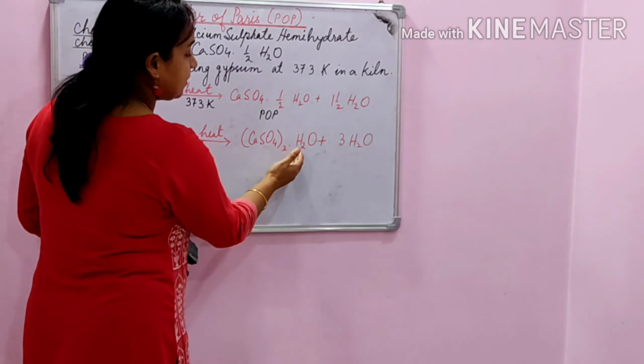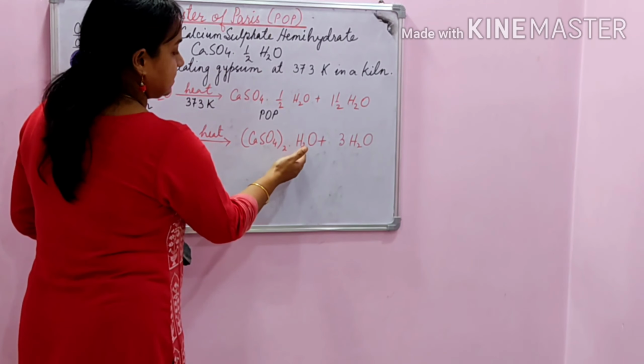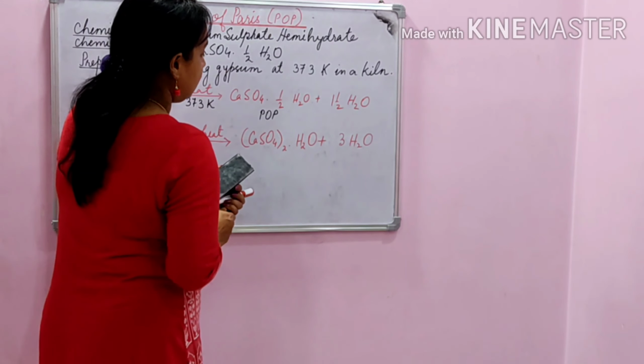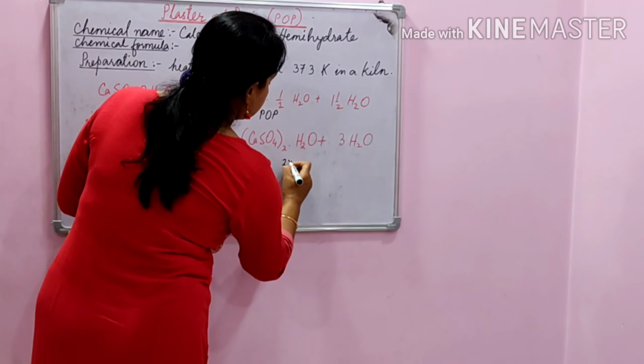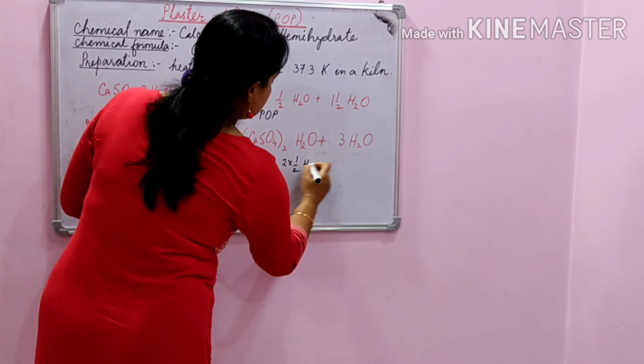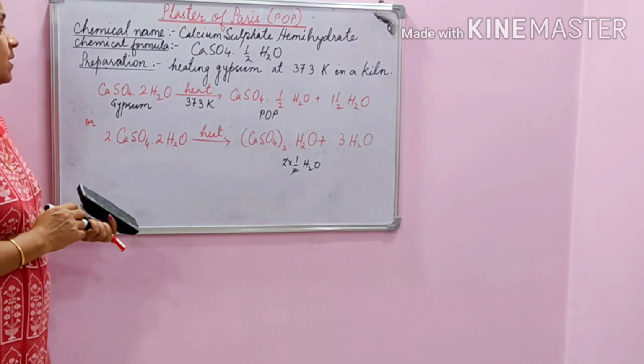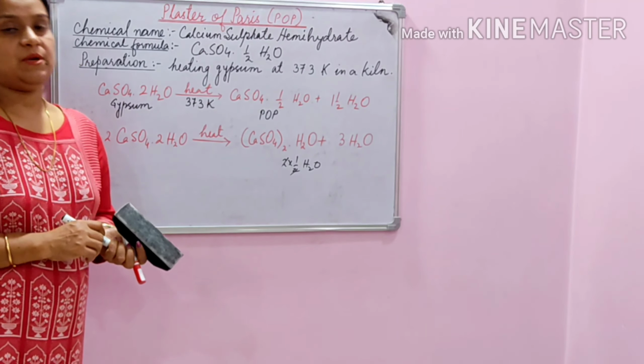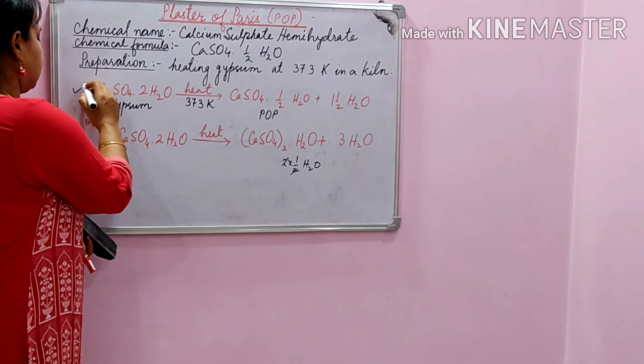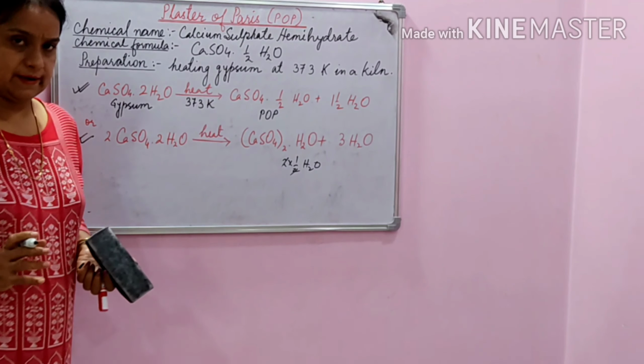Now, since we have multiplied it by 2, it is 2 into half H2O, so ultimately it becomes 1 H2O. Right? So, this is the preparation of plaster of Paris from gypsum. You can learn either this or this, both are correct.